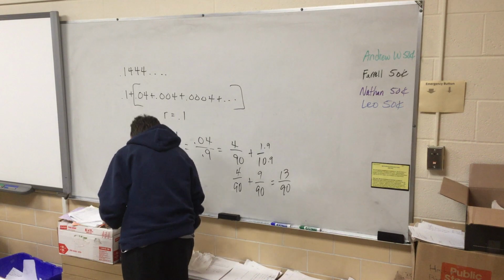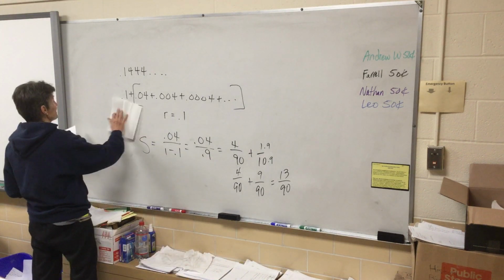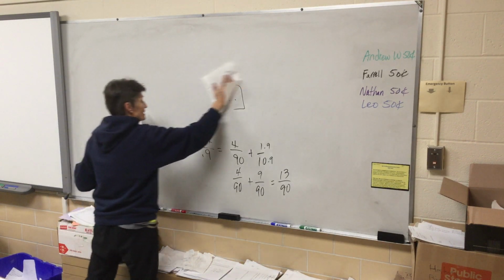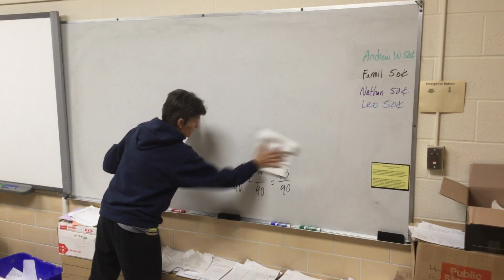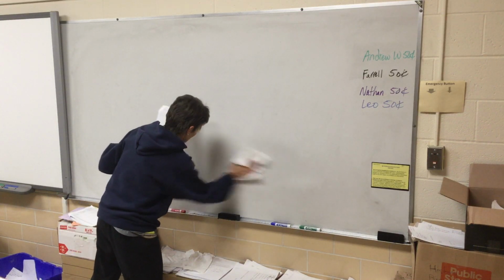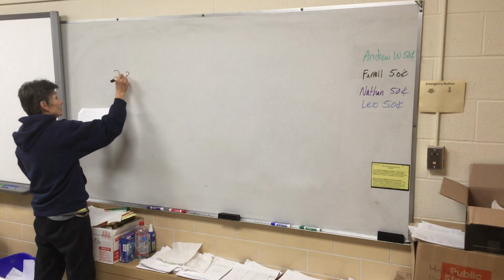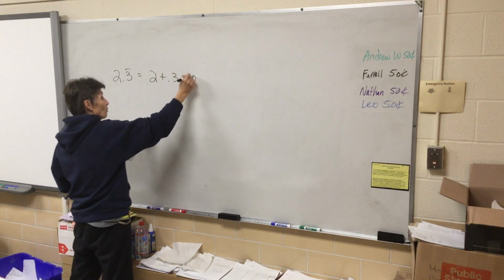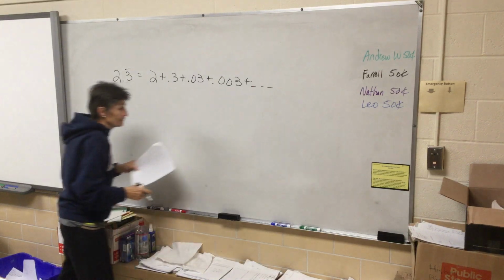It's exactly the same thing. Because this is a very familiar decimal, you probably already know what the answer is, but let's go through the process. So this is going to be 2 plus 0.3 plus 0.03 plus 0.003 and so on.